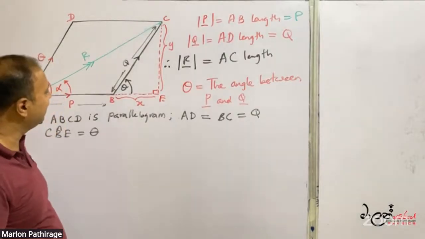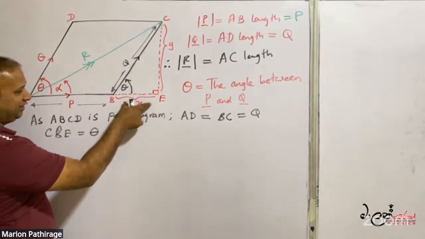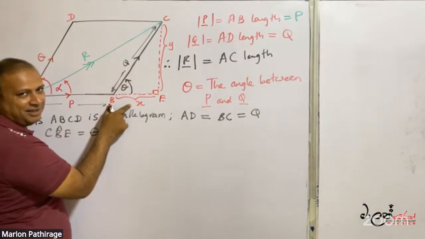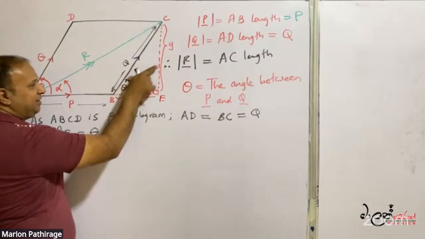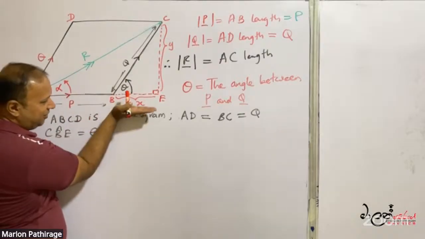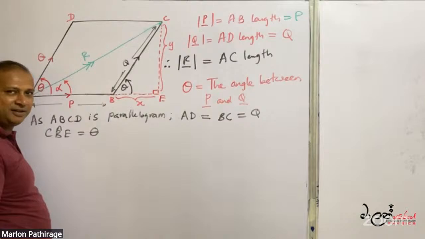X is equal to Q cos theta. You know this chart: adjacent side is equal to hypotenuse into cos theta, opposite side is equal to hypotenuse into sin theta. P cos theta, P sin theta. We know this one, no?